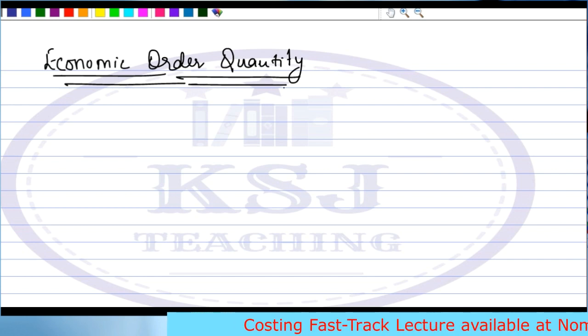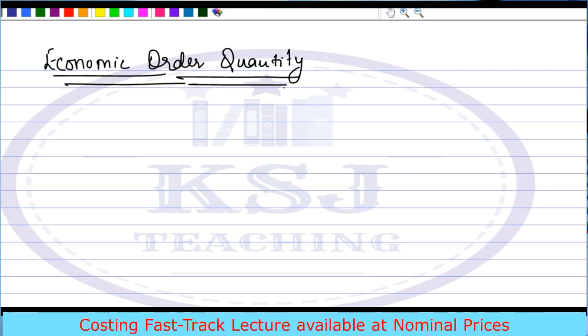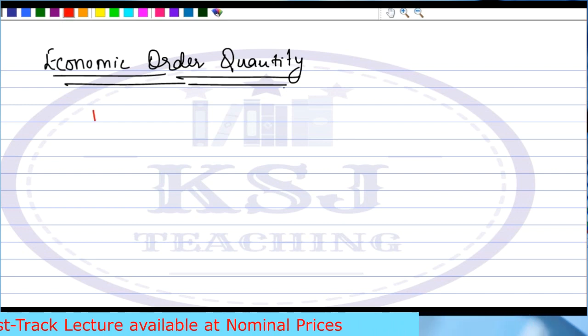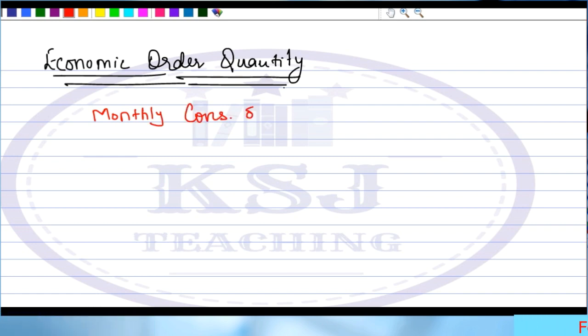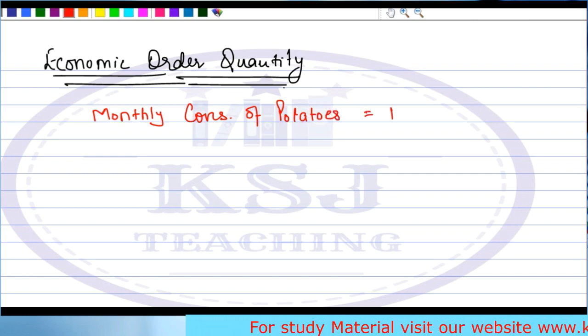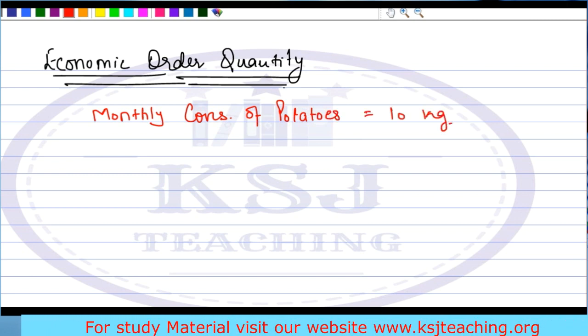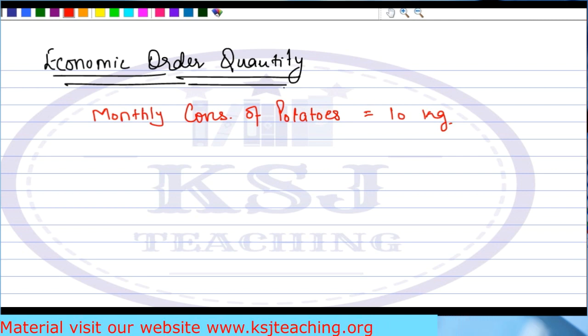Let's start. Let's take an example first again. Say your monthly consumption in your home, monthly consumption of potatoes is 10 kg. Right? Now let's take two scenarios.